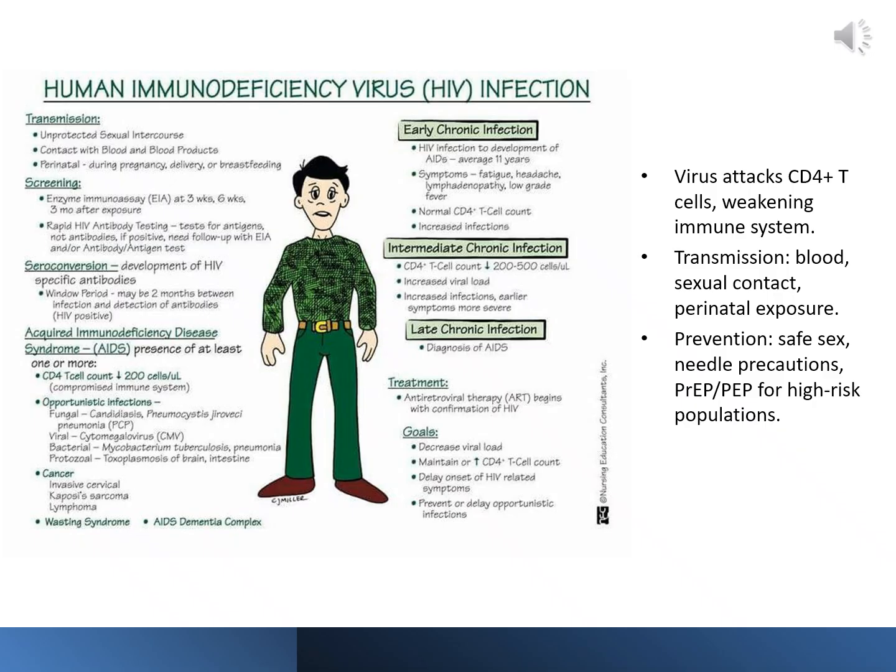Let's see, what else do I have on here? So you have an idea of the overview, but for the most part, this is a viral infection. What occurs once that virus enters the bloodstream is that the HIV binds to those CD4 receptors on the T4, the T helper cells.